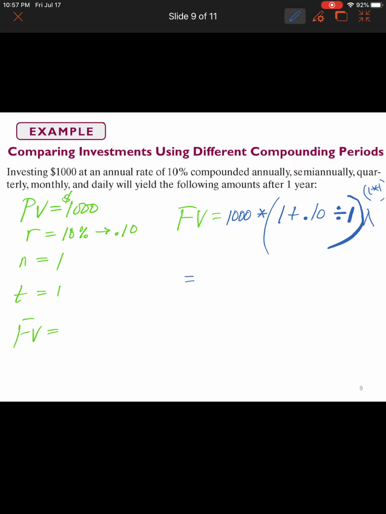After hitting your equal sign, you would get $1,100.